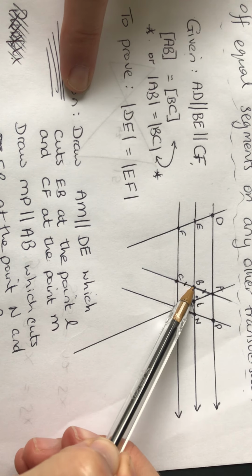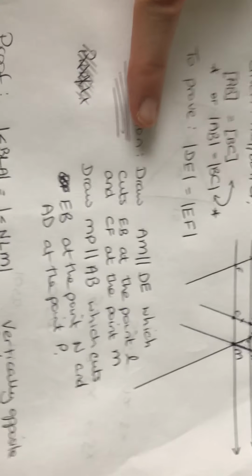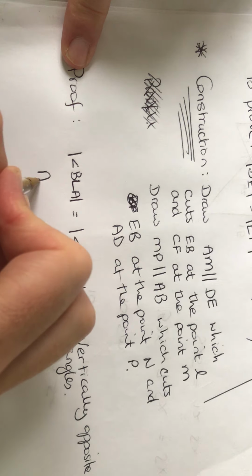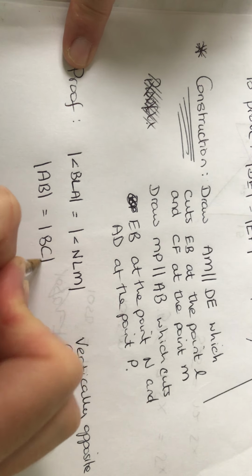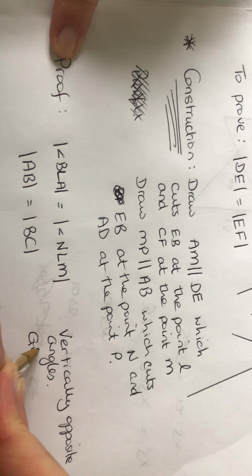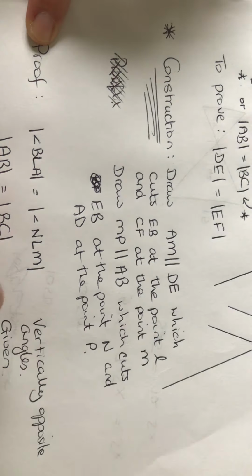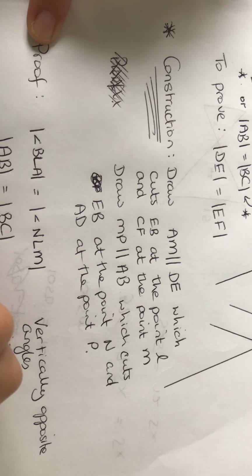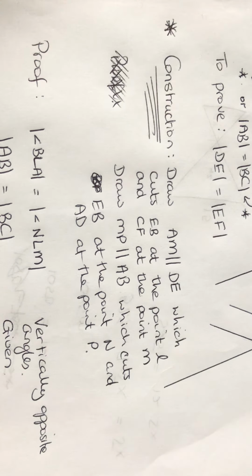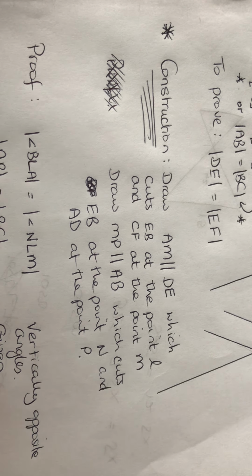So AB is equal to BC. That was given in the question. BC is equal to NM because they are opposite sides in a parallelogram.